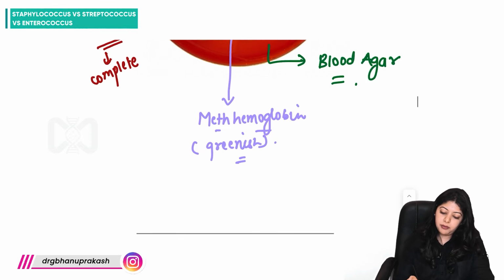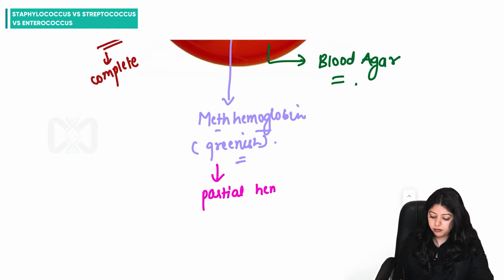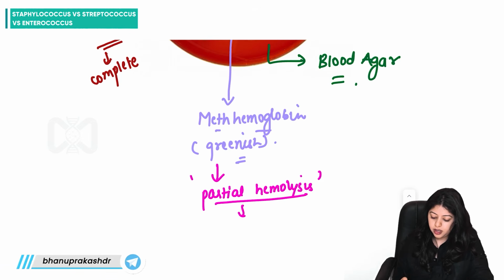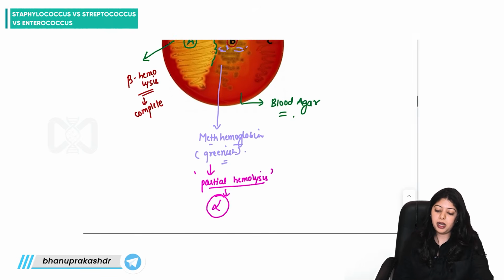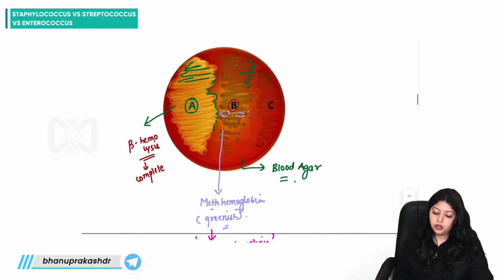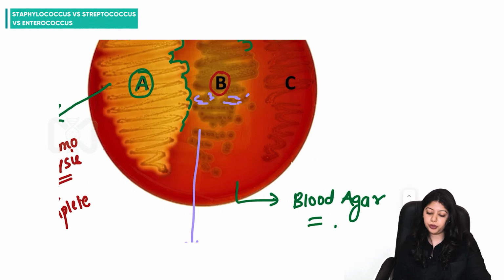This type of hemolysis is partial hemolysis, which is alpha hemolysis. So what are the examples? It is the viridans group streptococci and Streptococcus pneumoniae.